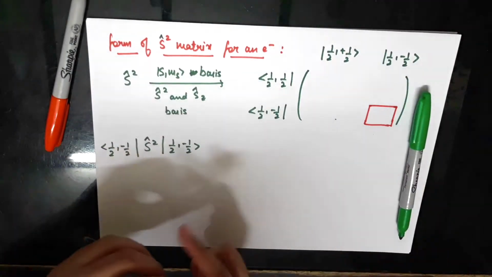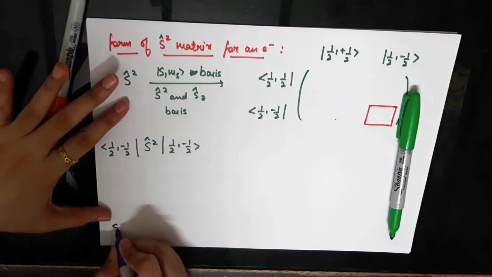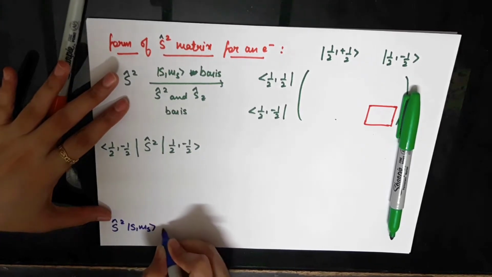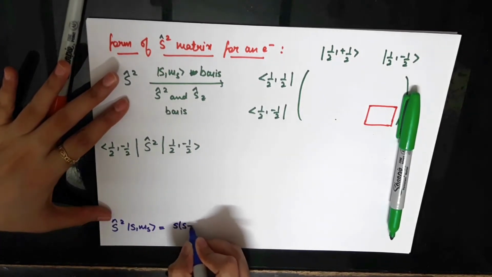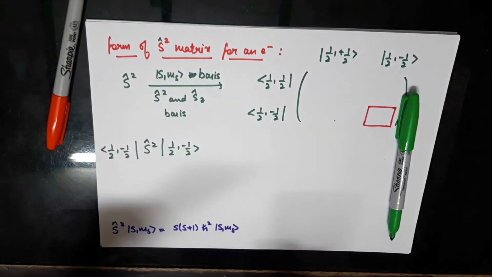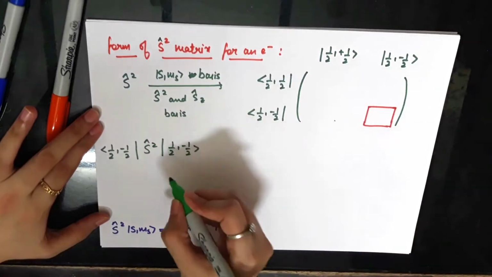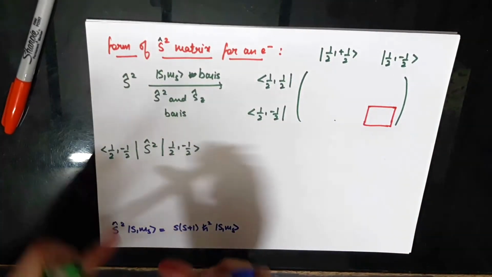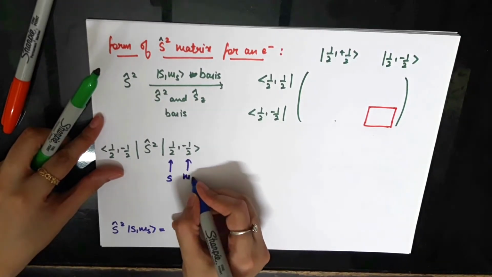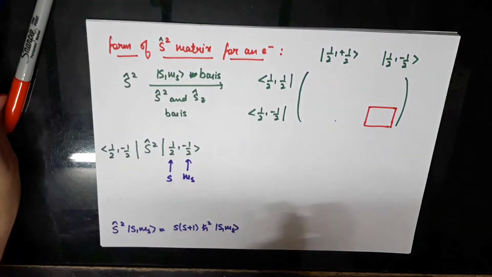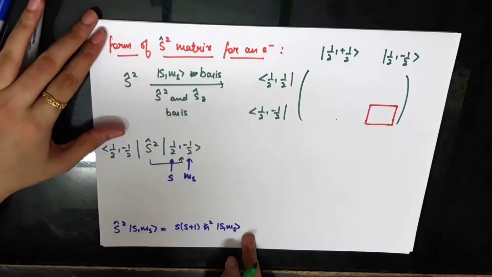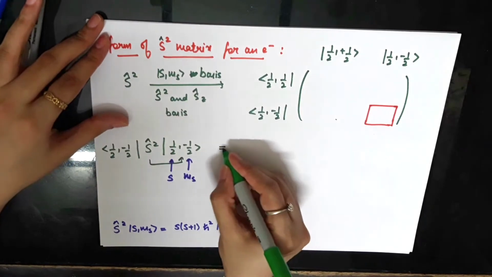I already know, as I have achieved earlier, that S squared acting on these eigenstates gives me S into S plus 1 h bar squared, and the same state again. Here S is the small s, not the operator, and this is ms. I can straight away use this eigenvalue equation.